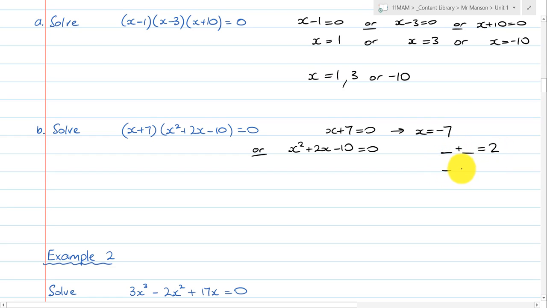Something plus something equals 2, something times something equals negative 10. 8 times C, but A is 1, so this is the mnemonic version. 4 and negative 2 multiply to give negative 8. 2 and 5 give a difference of 3, not 2. Okay, but you see where we're going here? And you see how quickly that happens.